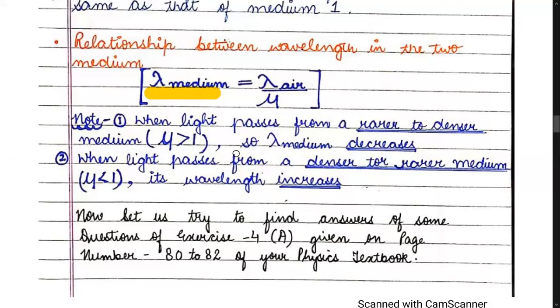Therefore, the wavelength of light in any other medium is equal to the wavelength of the incident light in air divided by the refractive index of the medium.